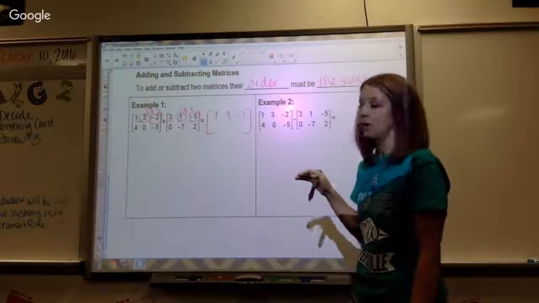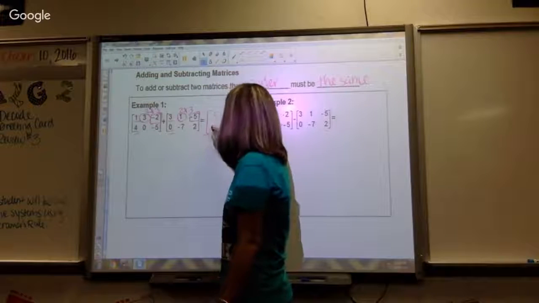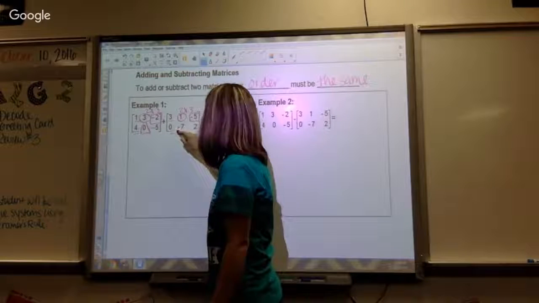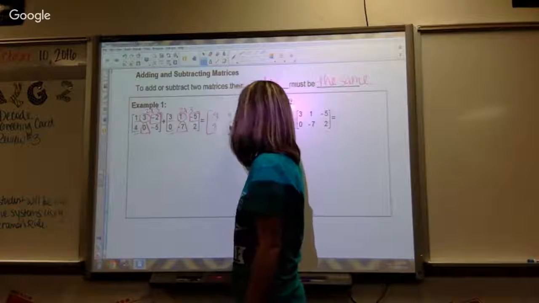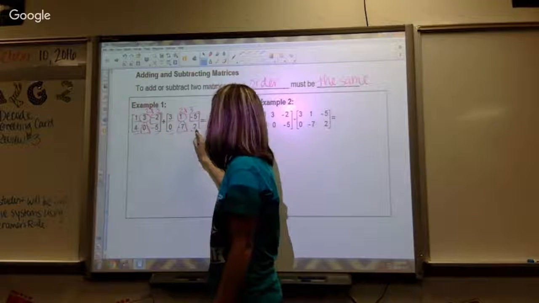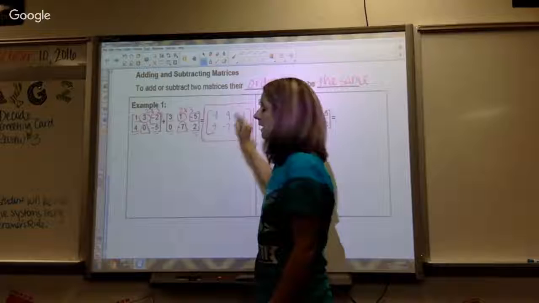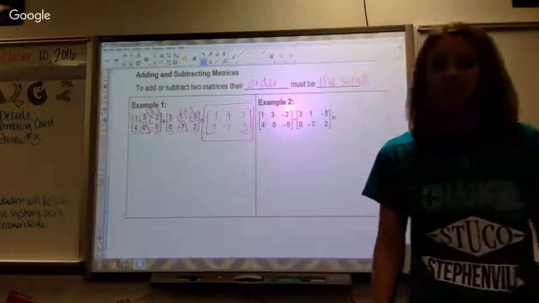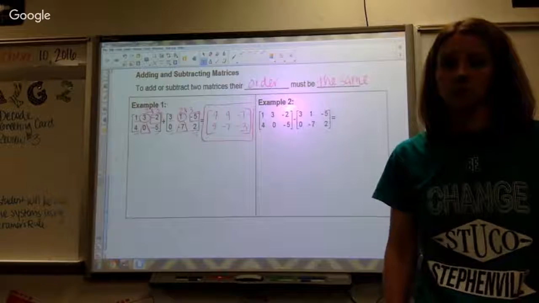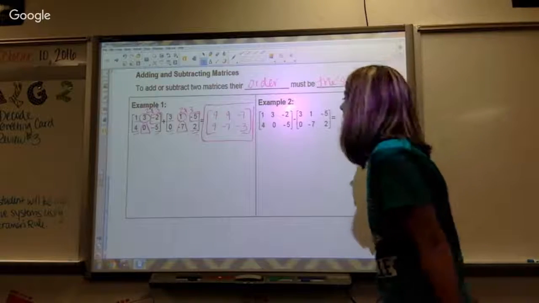And then continue with that on the second row. So that's 4 plus 0, which is 4. 0 plus a -7 is a -7. And then -5 plus 2 is a -3. When you're adding and subtracting 2 matrices, your answer should be the same order as the 2 matrices that you started out with. So notice we have a 2 by 3 there.